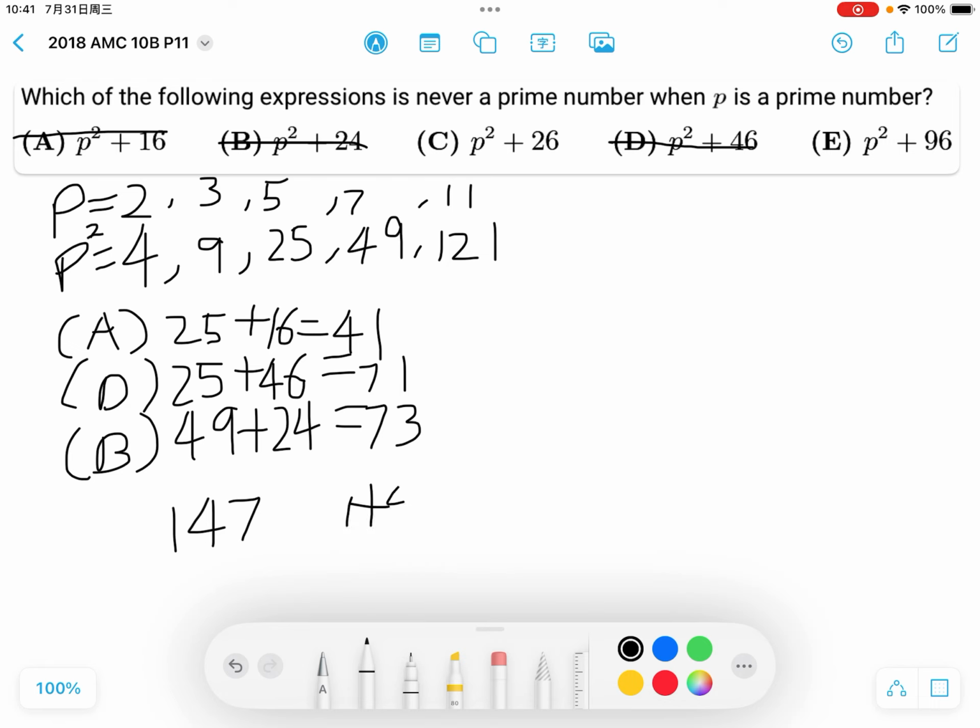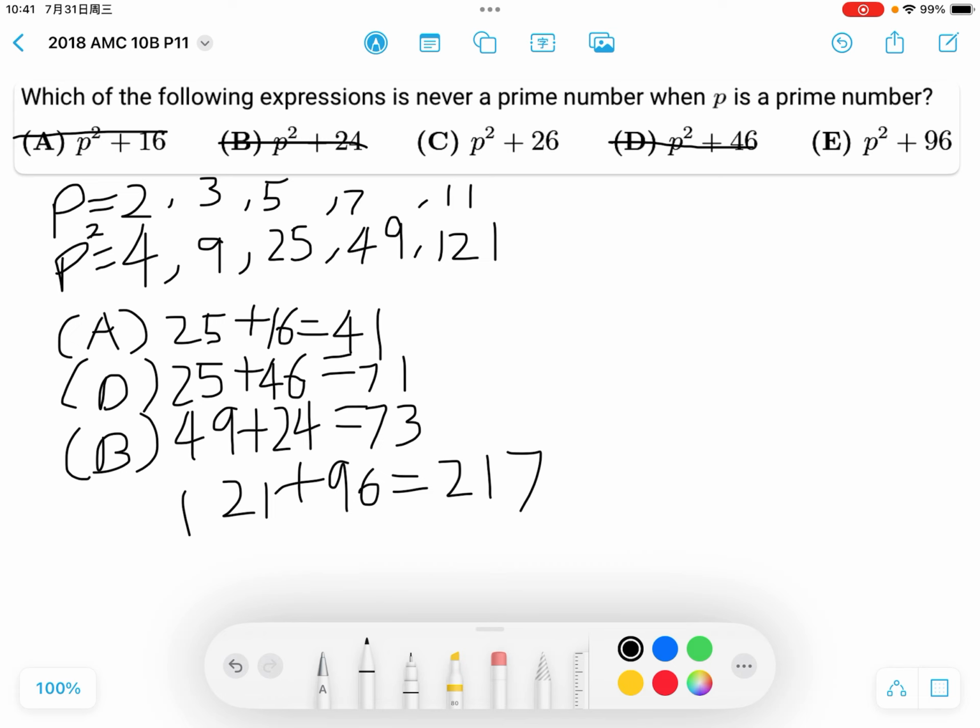So 1 plus 4 plus 7 gives us 12, and 12 is a multiple of 3, so 147 is not prime. Alright, so let's see what happens when 121 is added to 96. So 121 plus 96 is going to give us 1 plus 6 is 7, 2 plus 9 is 11, and we have 217.